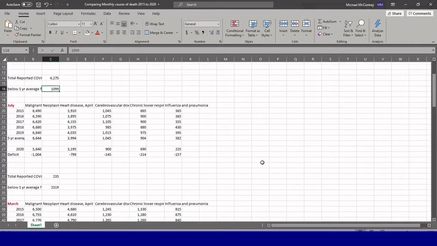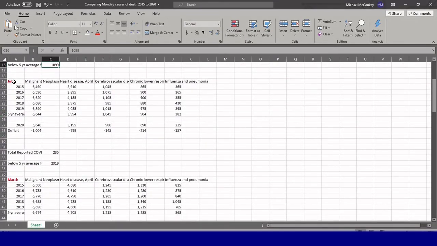So, as you can see, I look at July and follow all the same processes here, the averages. Here's your average, then the 2020 deaths, then subtract them, add this up, and you get a deficit.